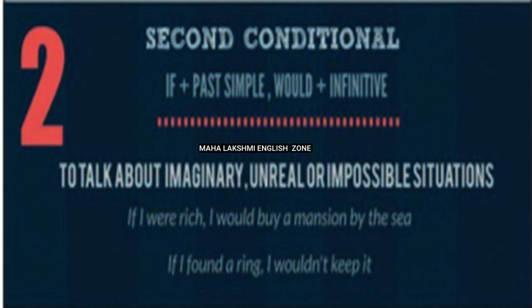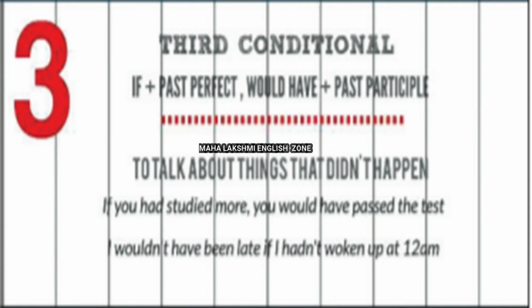So here were is the past form, and the main class takes the verb as would plus buy. So would buy. And the other one, if I found a ring, found is the past tense. So the if class is in past tense, so the main class will take the answer as would or wouldn't plus verb. So wouldn't keep.